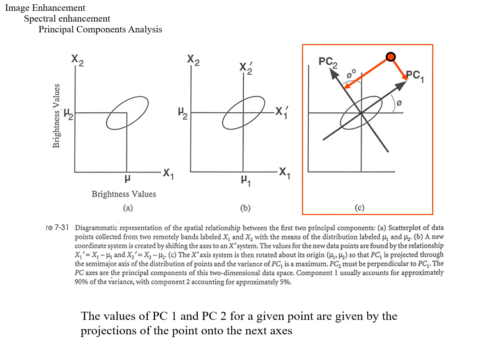And that axis will be our principal component 1. And then, because this is in 2 dimensions, principal component 2 is going to be at a right angle to that first axis.